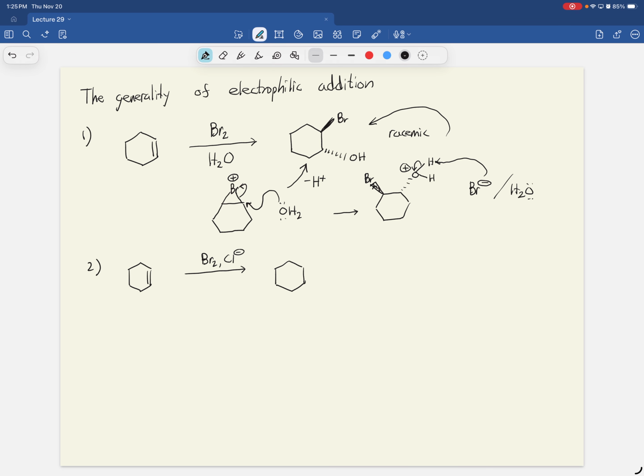If we add a stoichiometric amount, you're going to get the bromine here, and then your chloride ion is actually going to attack here. That's because you added two different nucleophiles. In most cases, chloride is probably going to be more negatively charged because it's from a salt, whereas the Br slowly forms from the reaction with Br2. So chloride ion here will substitute instead, and here we still have a racemic mixture.